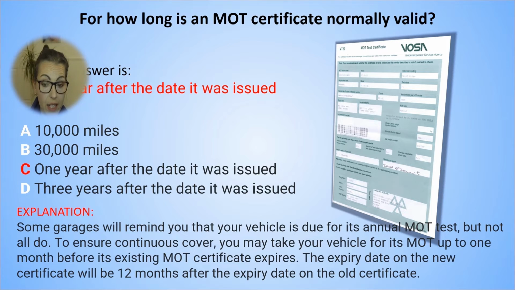The expiry date on the new certificate will be 12 months after the expiry date on the old certificate. So even if you go 1 month earlier, the new date will start after 1 year passed from the date on the old certificate. Okay, let's move on to the next question.